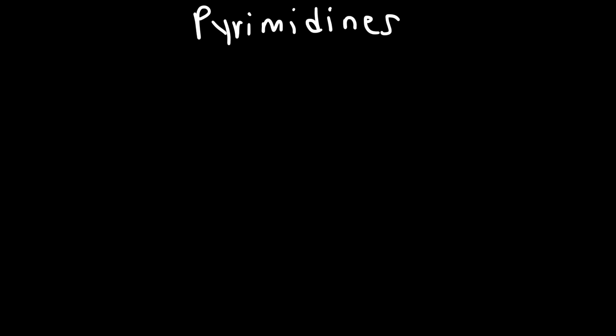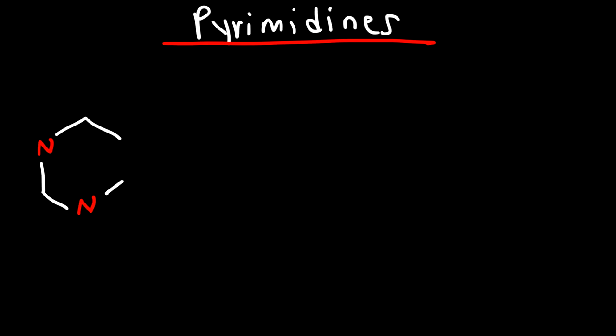Now let's move on to the pyrimidines. So there's 3 structures that we need to draw. Now let's start with the first one. So once again, we're going to have a 6-membered ring with 2 nitrogen atoms and 4 carbon atoms, just like we had in the case of the purines.